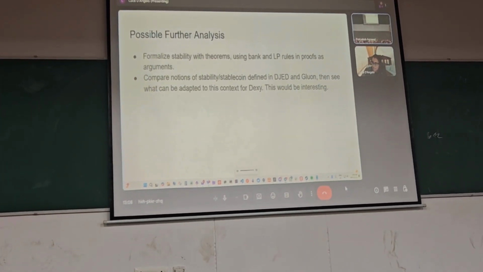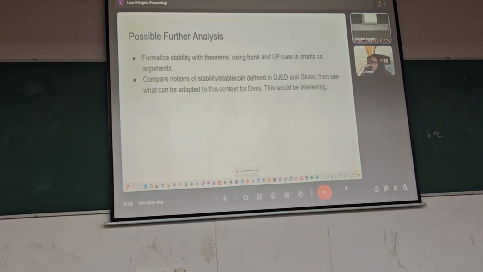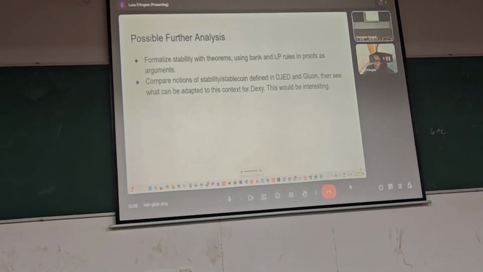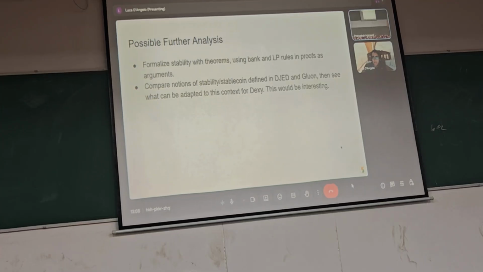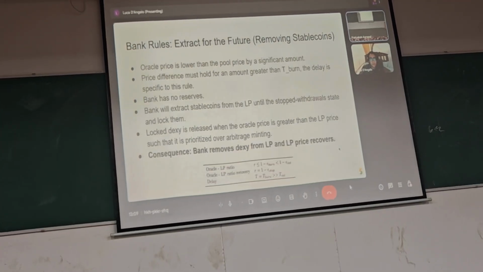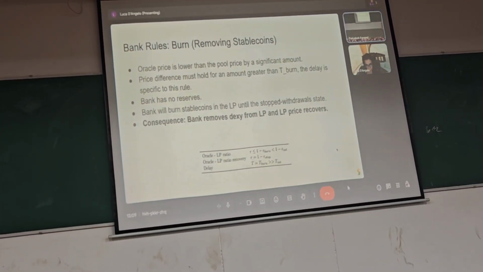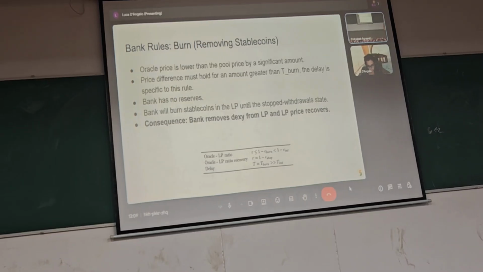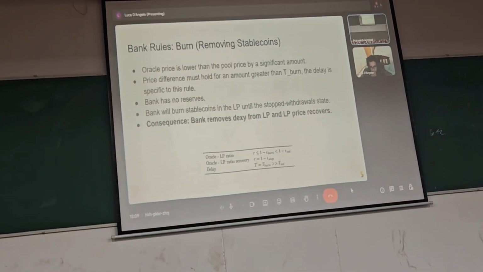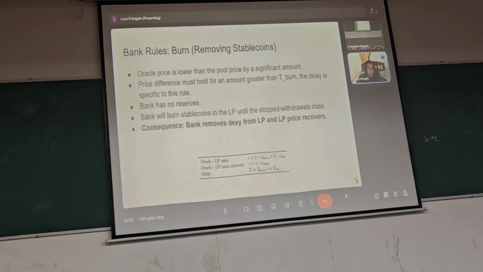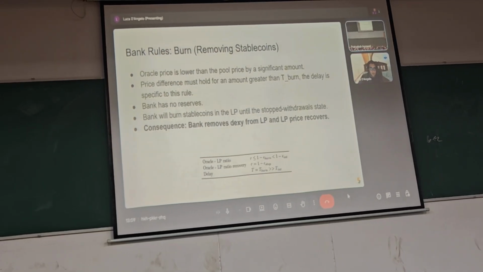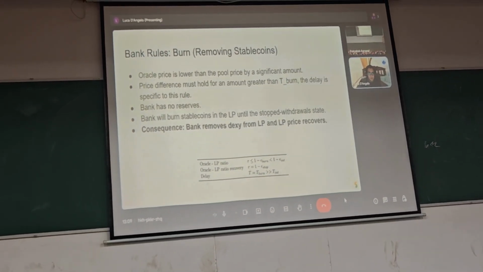I'm concerned about that burn operation that the bank can do. If I'm a liquidity provider, that burn operation can mean that the bank can destroy the stablecoins that I had included in that liquidity pool, right? Yeah. So that's not my question.